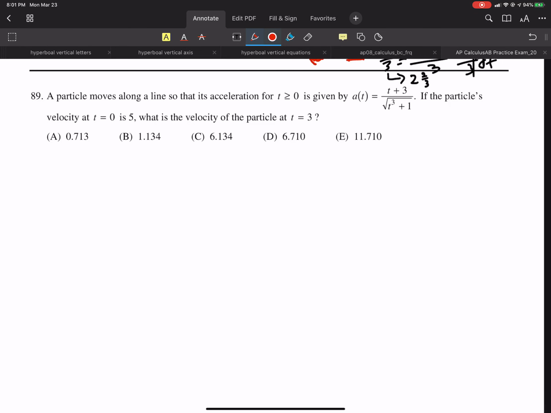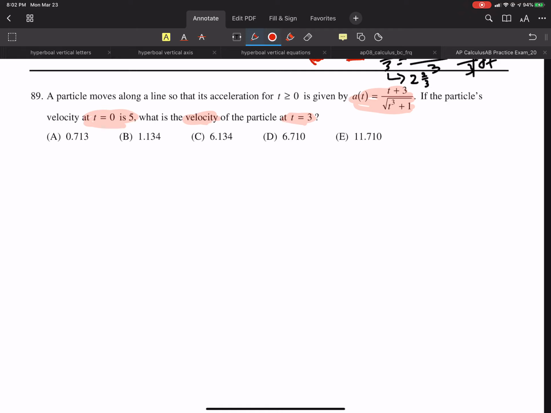All right, 89. You have a particle moving along a line, and we have its acceleration. We have the velocity at t equals 0, and they want the velocity at t equals 3.